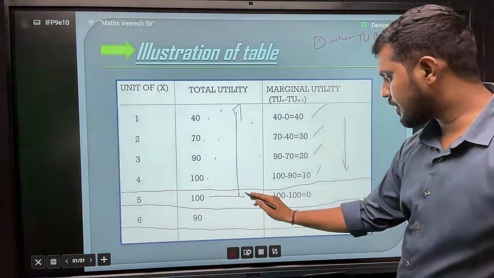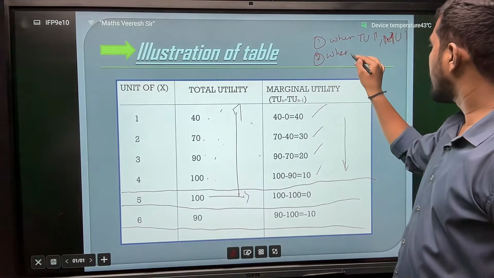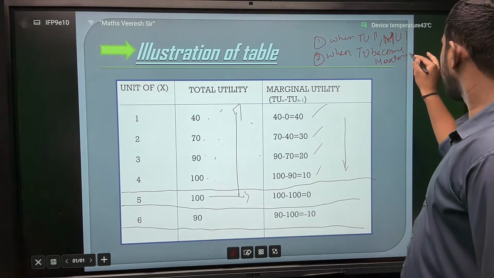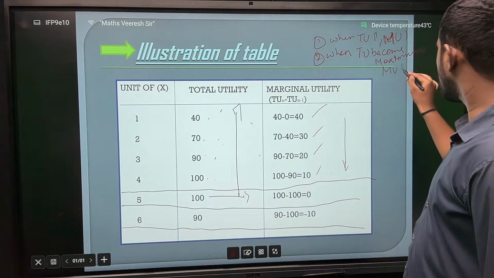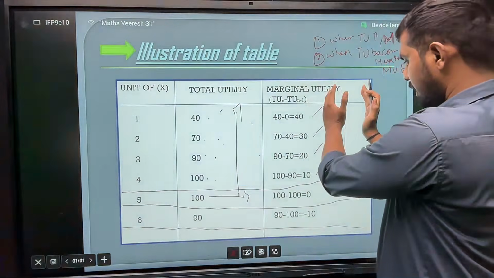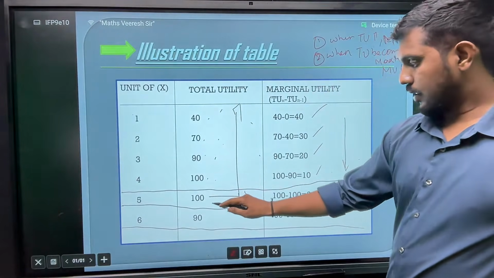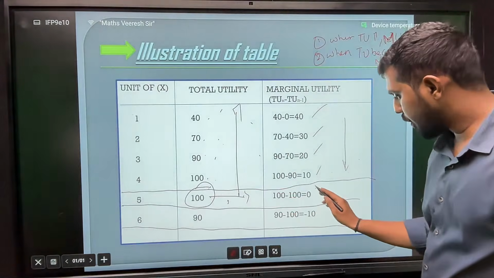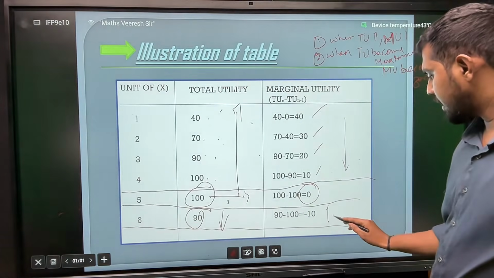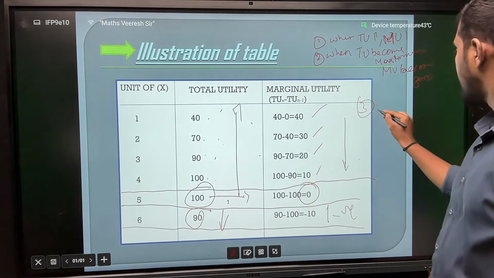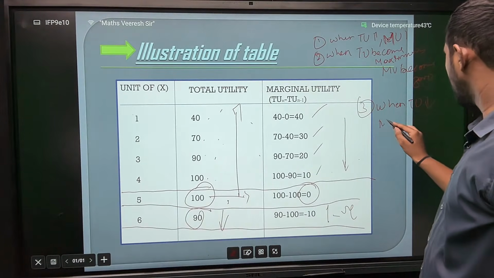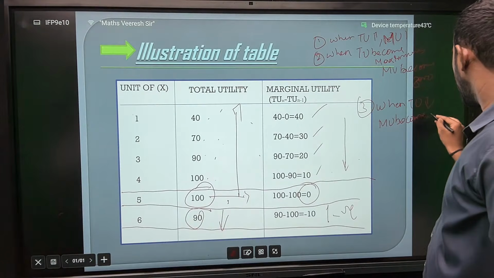Look at the first point: TU increases, MU decreases. Second point: when TU becomes maximum, MU becomes 0. Third point: when TU decreases, MU becomes negative.